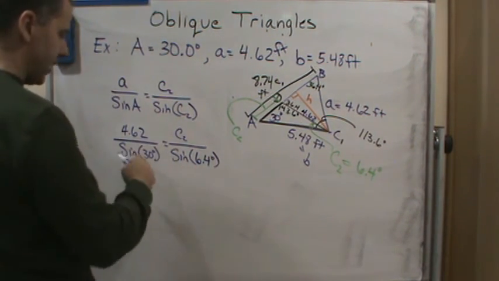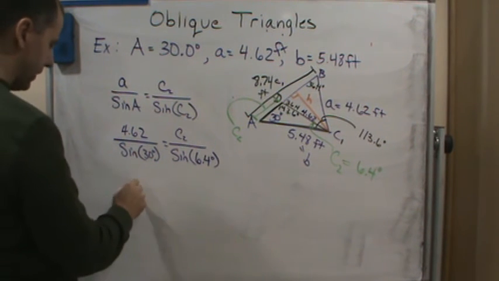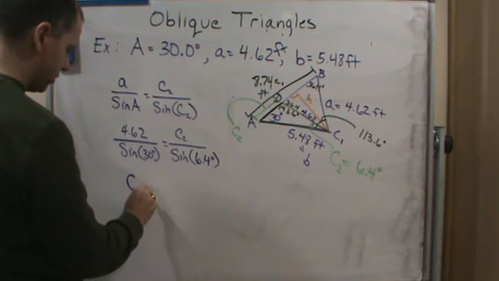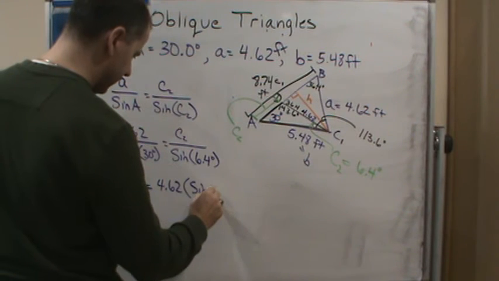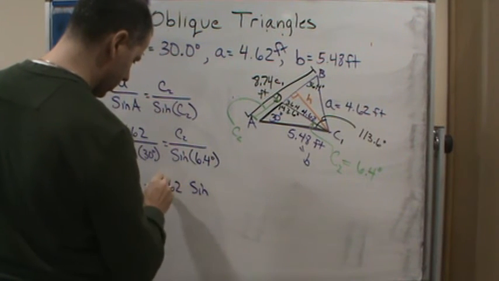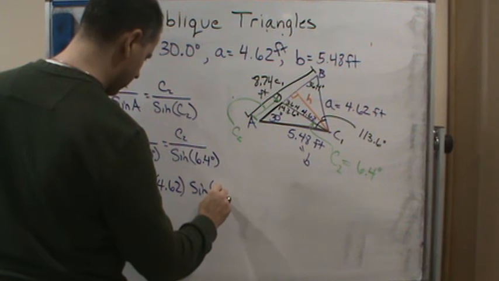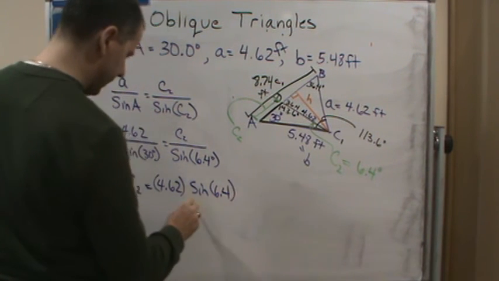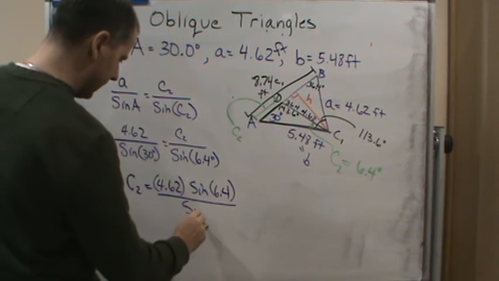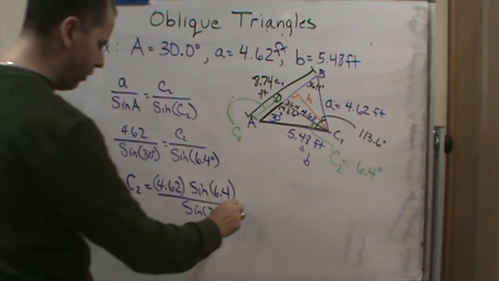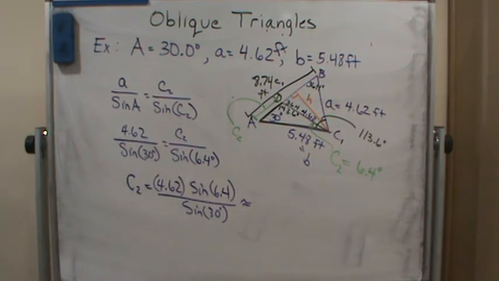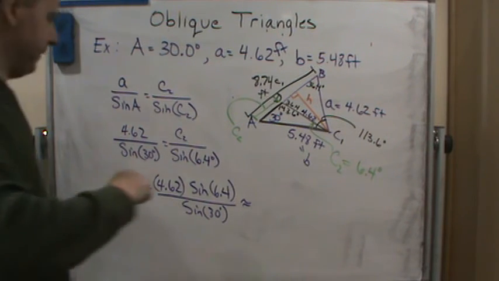Now I'm going to multiply both sides by the sine of 6.4 and solve for C2. So C2 equals 4.62 times sine of 6.4 degrees divided by sine of 30 degrees. Now I plug this into my calculator, and this is going to give me an approximate value of 1.03 feet.